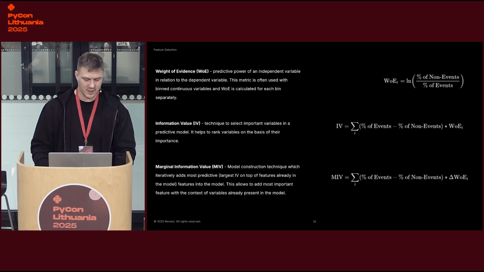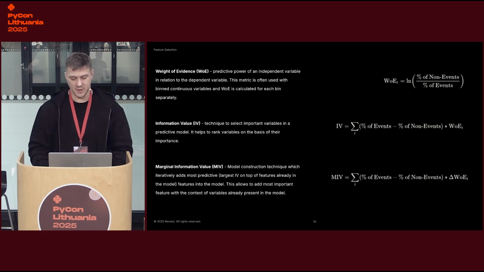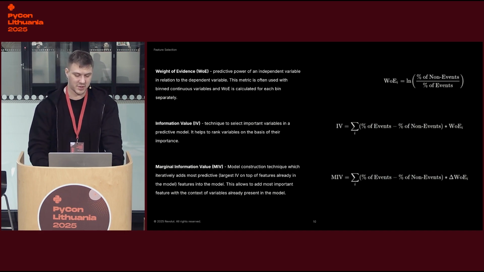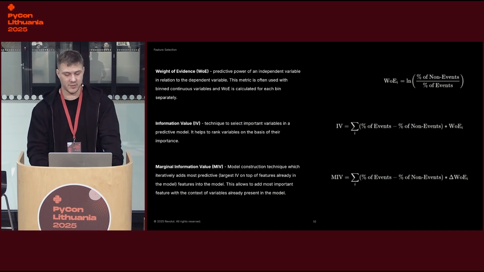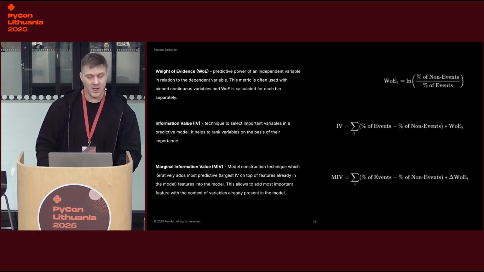It's calculated as a sum over all bins for the variable: the difference of percentage of events minus the percentage of non-events, multiplied by the weight of evidence value.